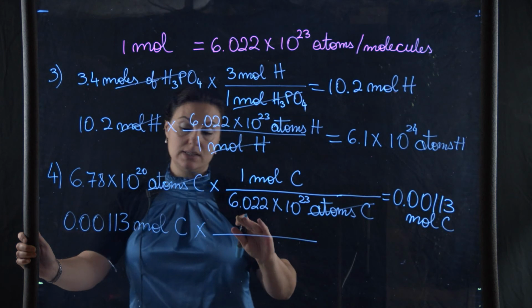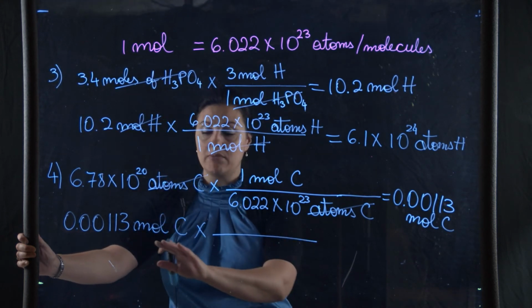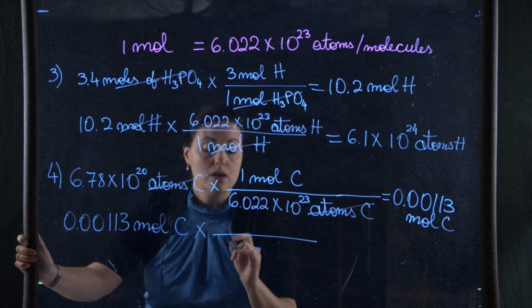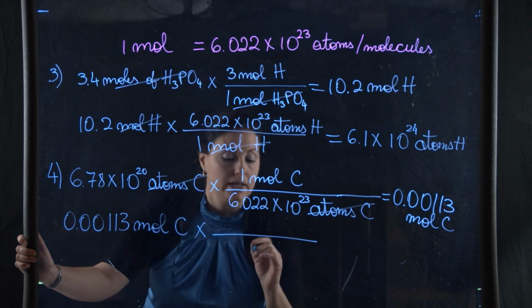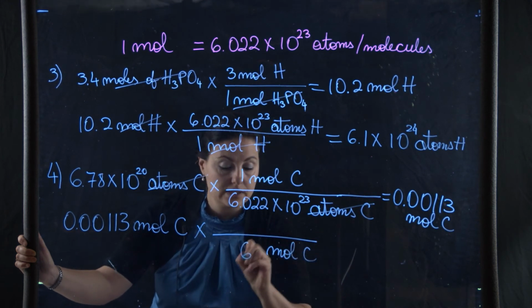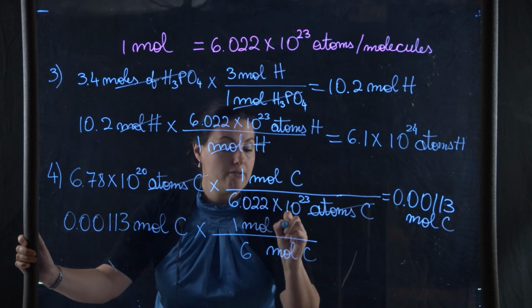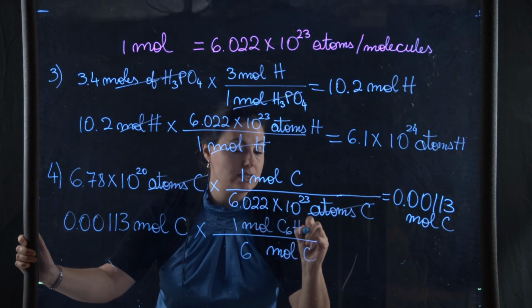Remember, what I want on top is moles of my benzene, C6H6, and I want my moles of carbon to go away. I write the moles of carbon on the bottom. 6 moles of carbon for every 1 mole of benzene, C6H6.